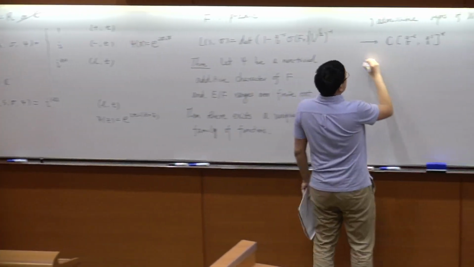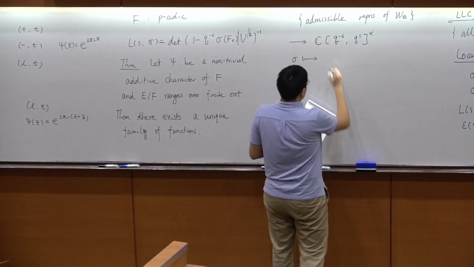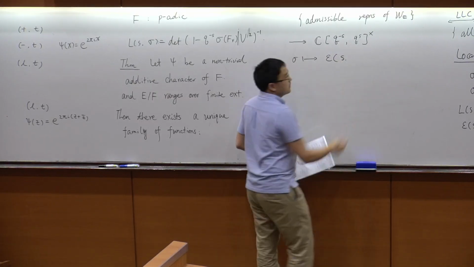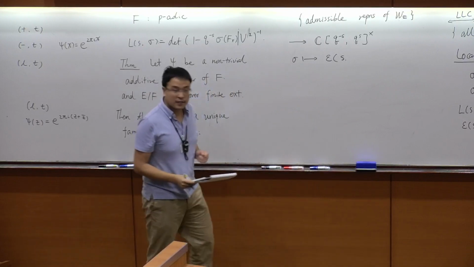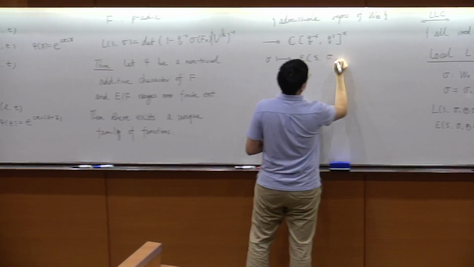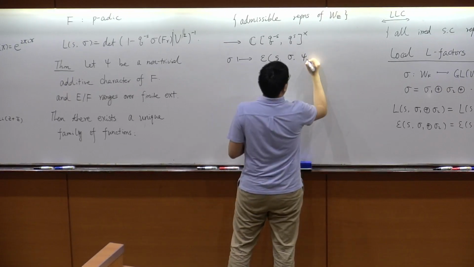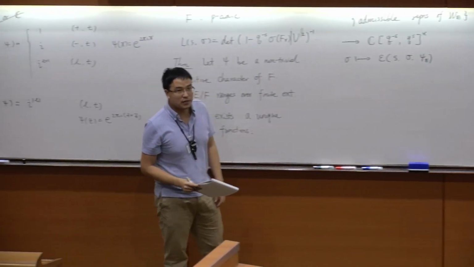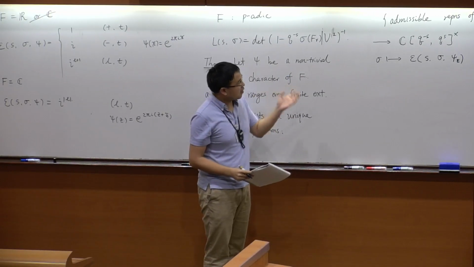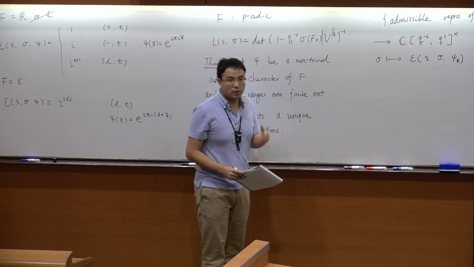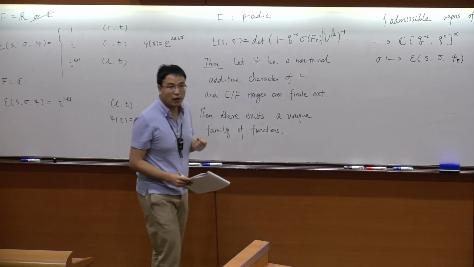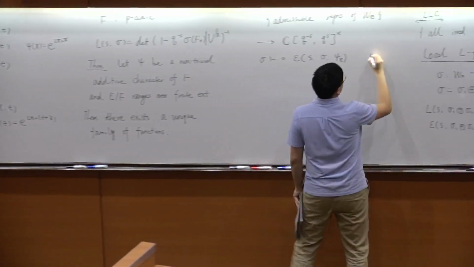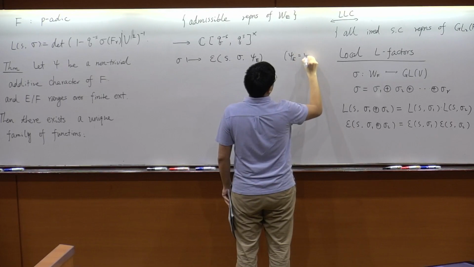Okay, and our sigma is a complex function of the variable s, and also depends on the additive character we choose, which also depends on the Haar measure in this case. But in our context, I just normalize the Haar measure to be the one with the volume of the ring of integers equal to 1. So I'm going to fix that Haar measure. And here psi_E is just psi composed with the trace.